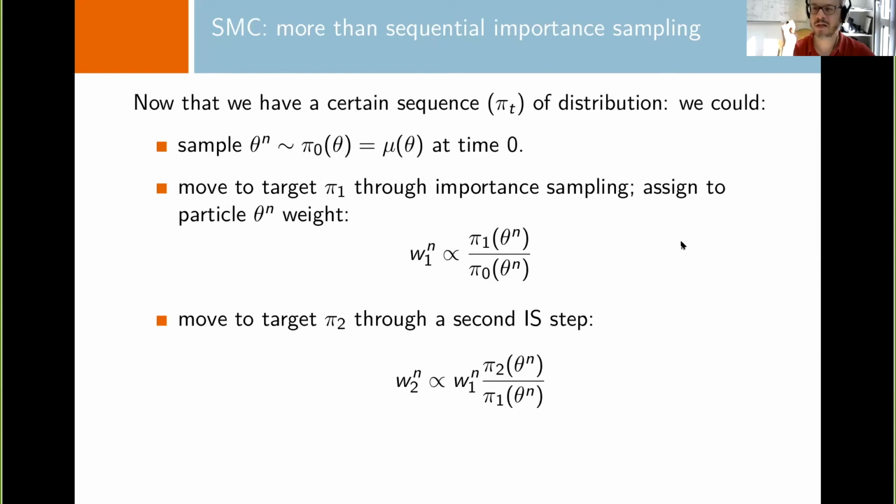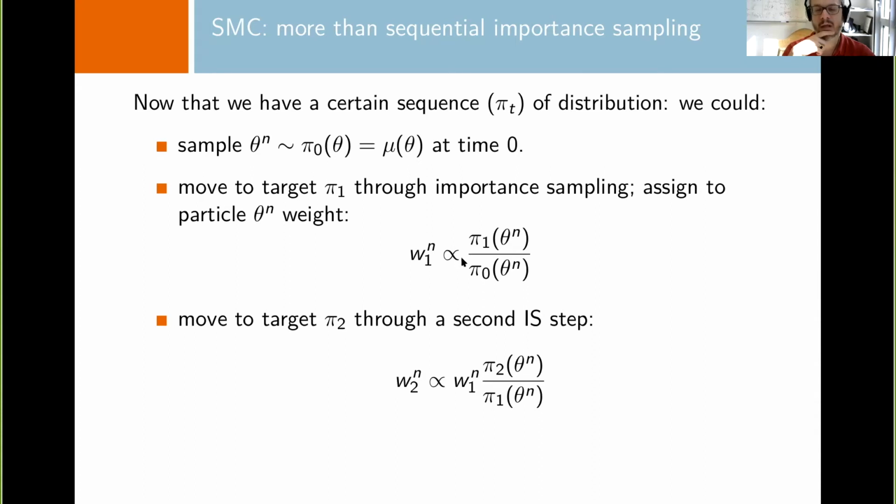Yes, so I was saying, imagine you have a sequence of distributions pi of t. A naive algorithm would be, you start sampling from pi naught, theta n, n times. Then you do importance sampling from pi naught to pi 1. This means that for each particle theta n, random variable, you compute a weight which is proportional to the ratio pi 1 over pi naught.